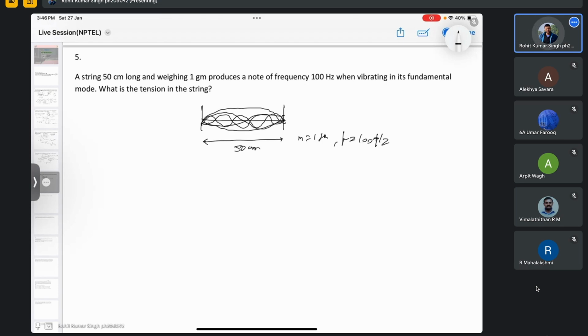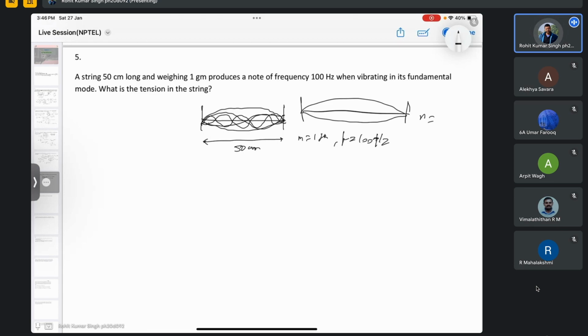So these are different modes of vibration. And the fundamental mode is this one.